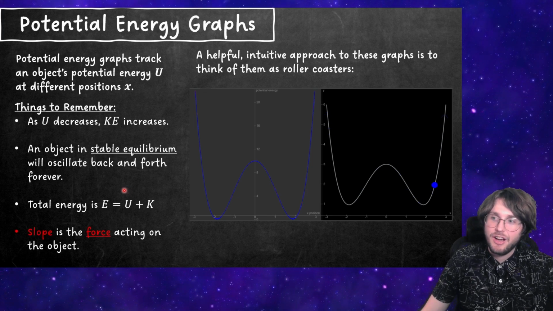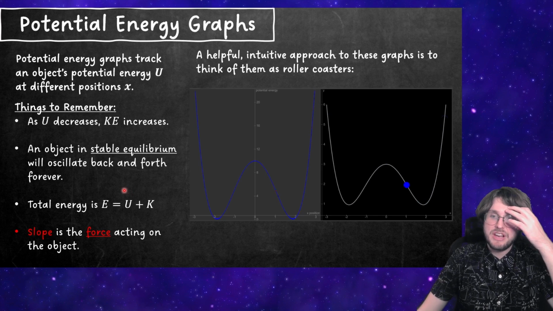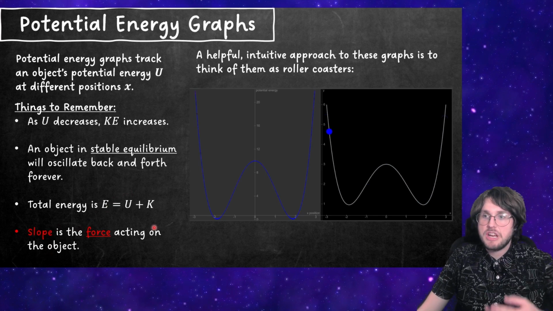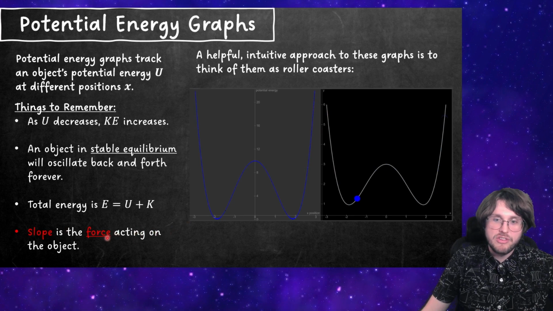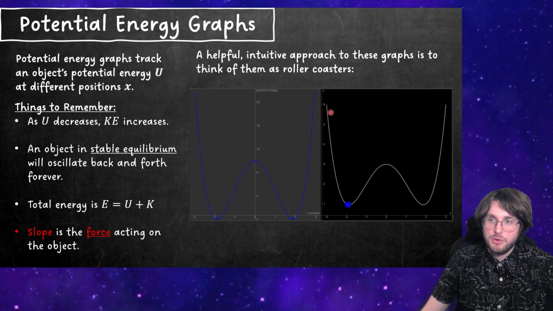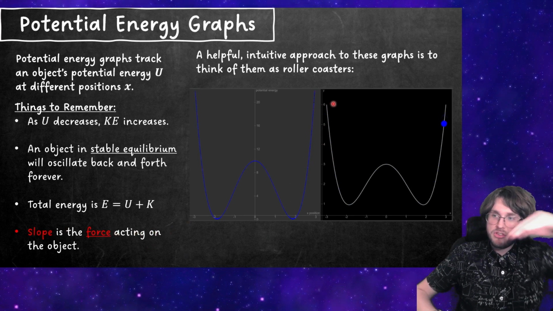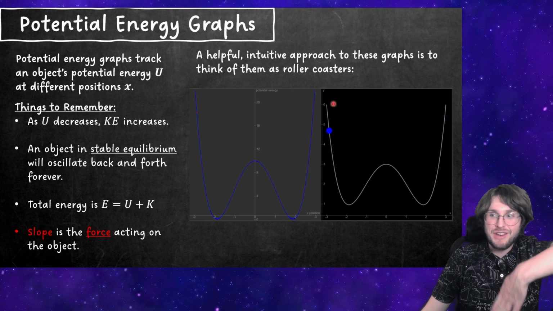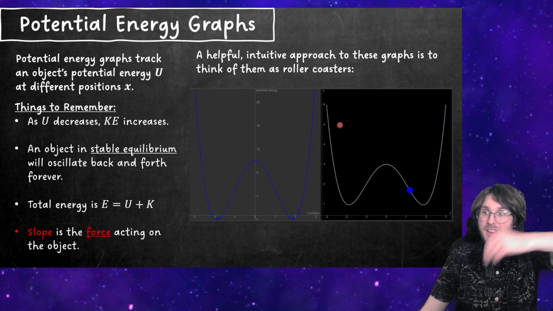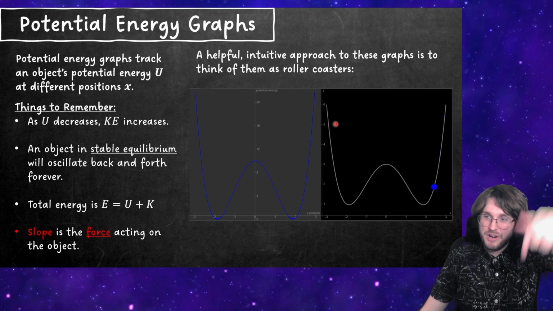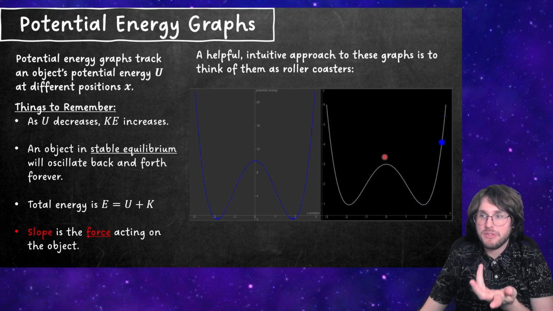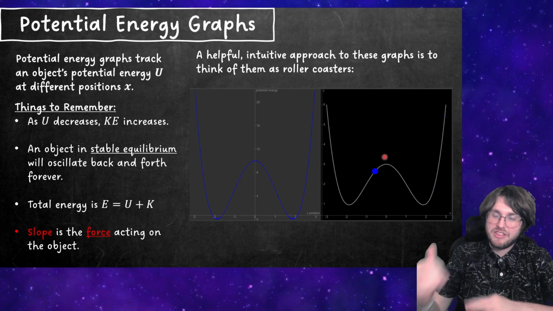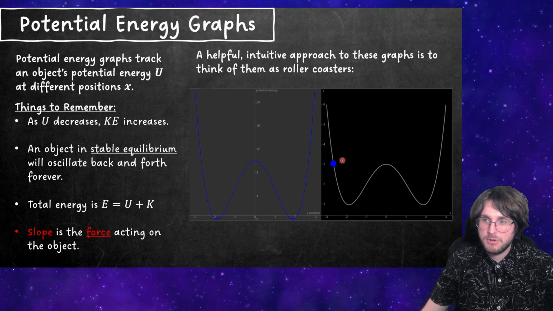And finally, we talked about it in the previous couple of sections, but the slope, or the change in potential over the change in distance, is the force acting on the object. So notice wherever the steeper slope is, if we're going with the marble analogy, the higher the force pulling that marble down to a lower position. And the shallower the slope, the less force is accelerating or decelerating this marble in the moment.